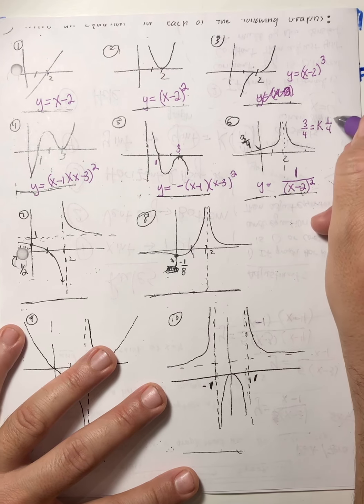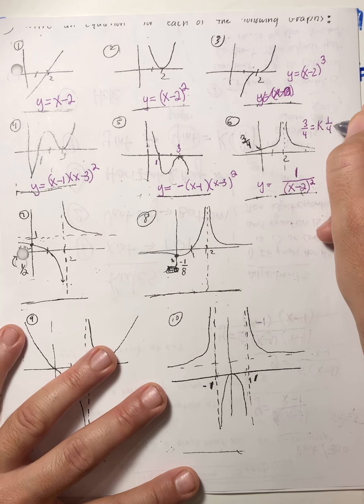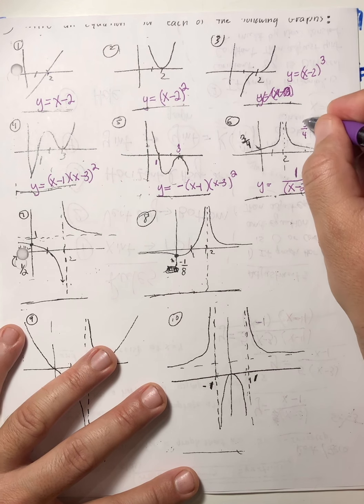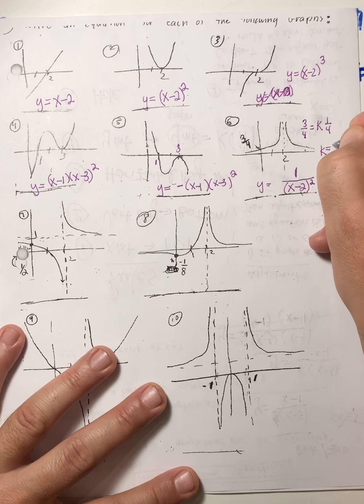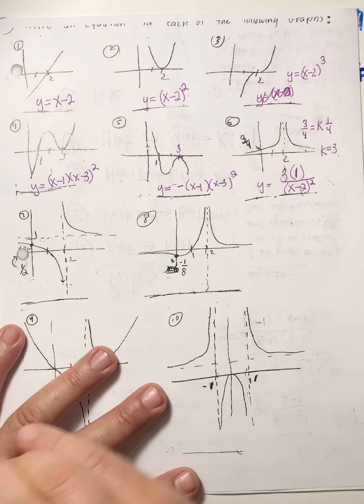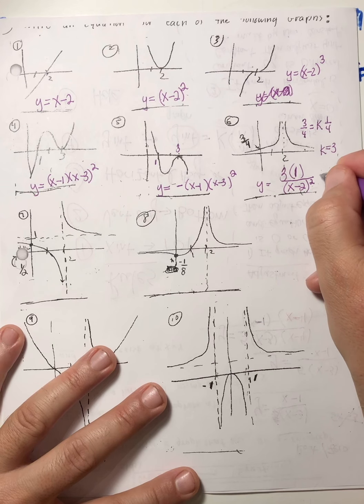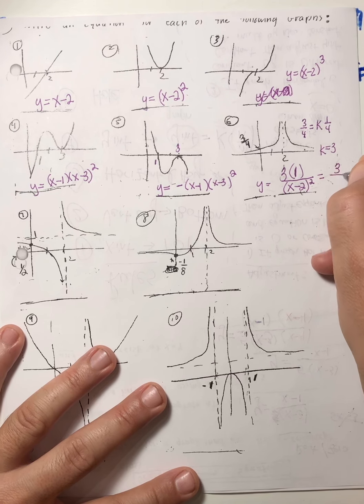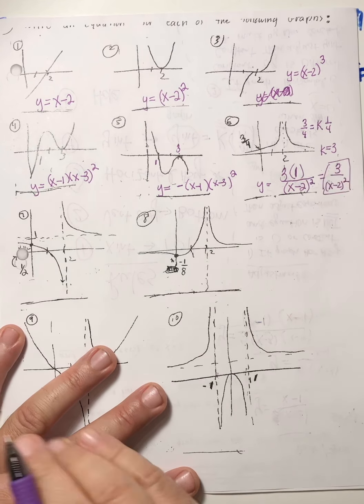So now I've got to solve this. Hopefully it'll just say, oh, I just got to multiply by 3. That's right. 4 times 3 is 12, divided by 4 is 3. So k equals 3. So I just have to multiply this top by a 3. You can say 3 times 1. But it should be 3 over x minus 2 squared. There's our official equation, y equals.